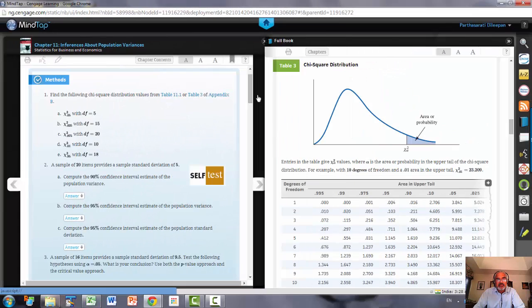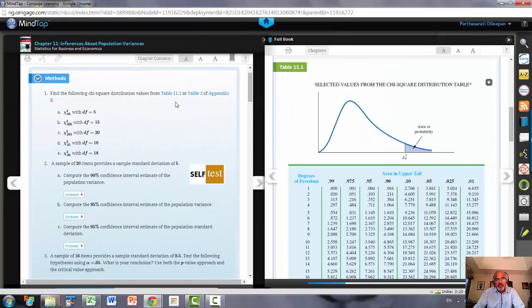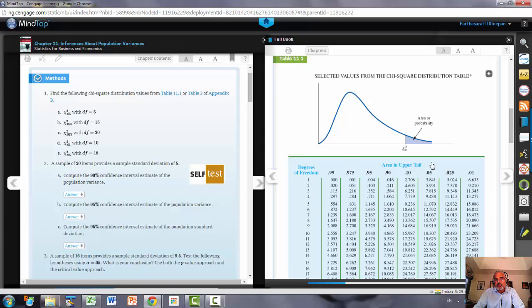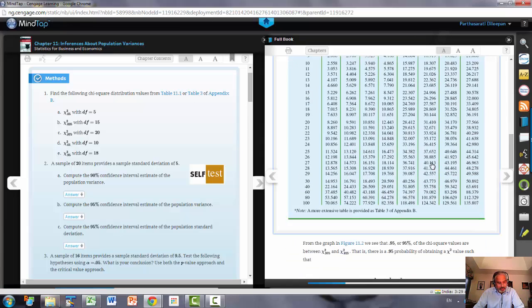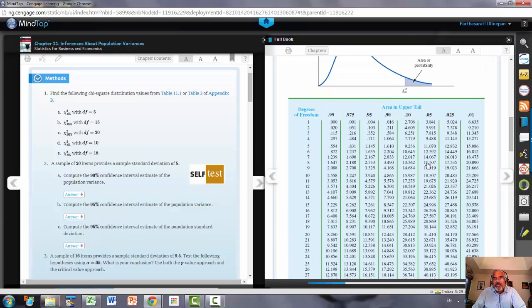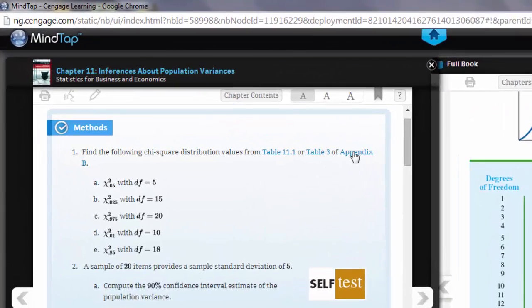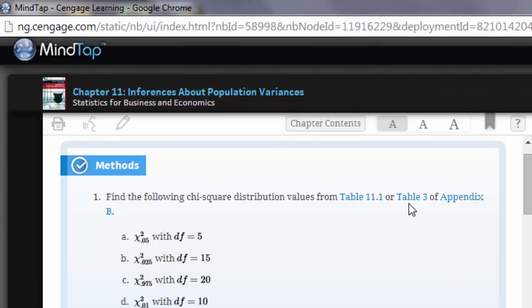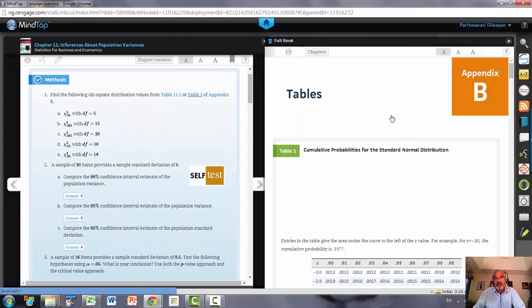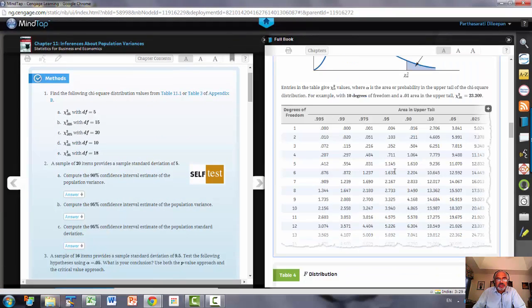If you click that, this link will open up this table, which is from the chapter itself, on page 486. Or you can go to appendix table 3 by clicking this link. So now you see the same table as a few minutes ago.